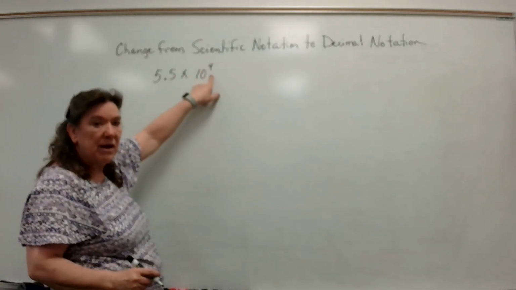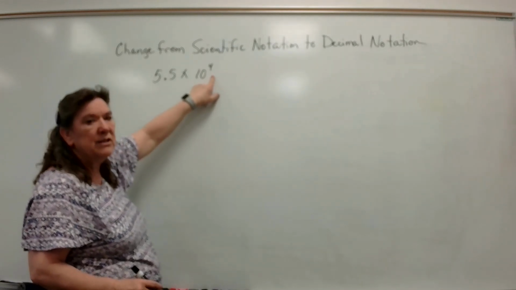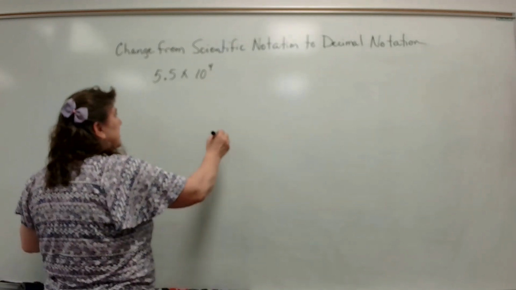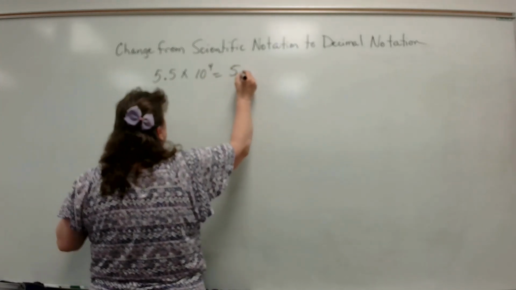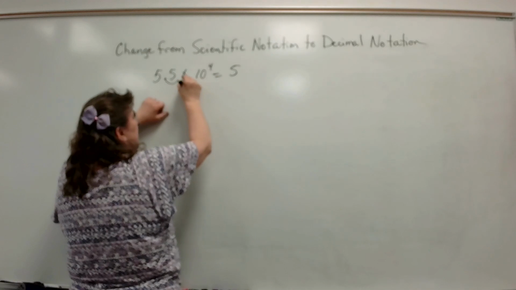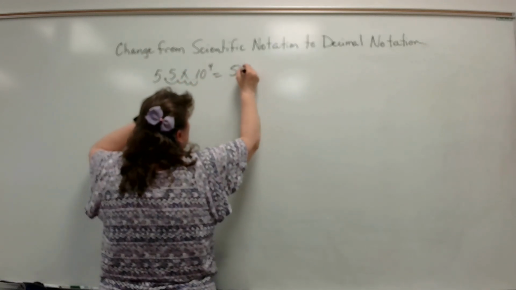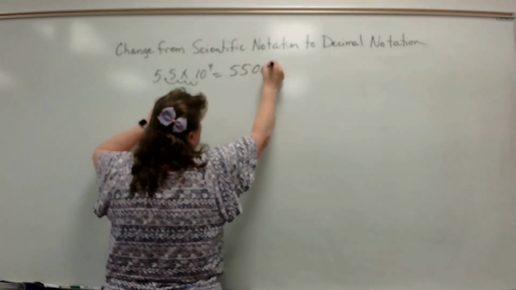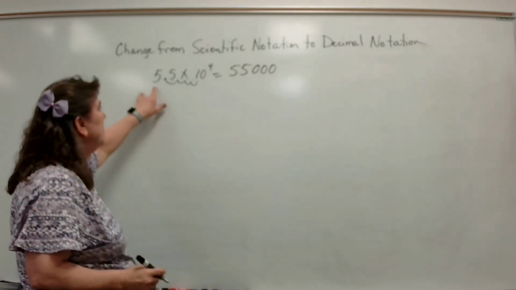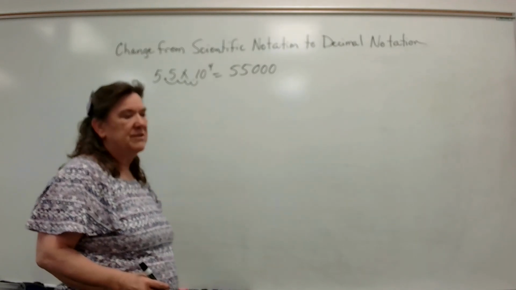My 4 is positive. It says you're going to move your decimal 4 places to the right. So this is equal to 5, and that's going to be 1, 2, 3, 4. So I've got 3 places that I'm going to have to put zeros in. So it becomes 5.5 times 10 to the 4th is equal to 55,000.